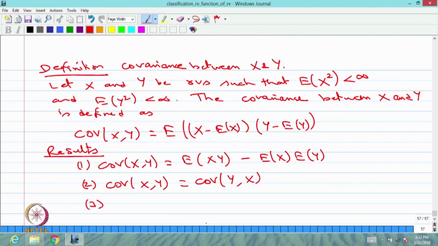Third result: suppose I compute the covariance of x with x itself. You replace y by x in the above definition. That becomes expectation of x minus expectation of x, again x minus expectation of x, which is the same as expectation of x minus expectation of x the whole square, which is the variance of x.